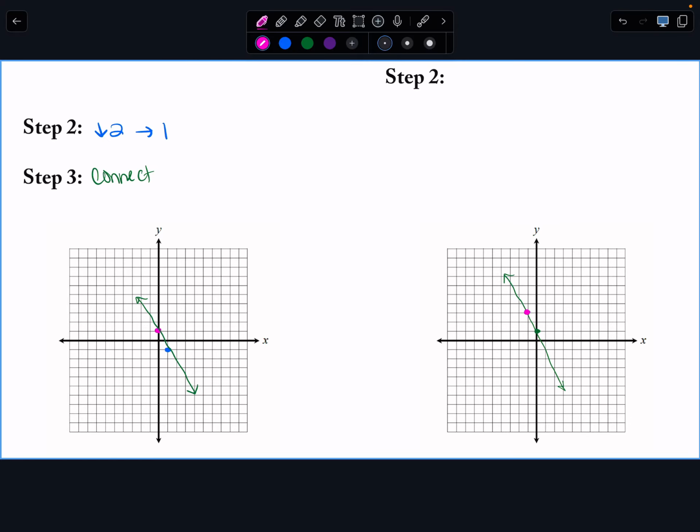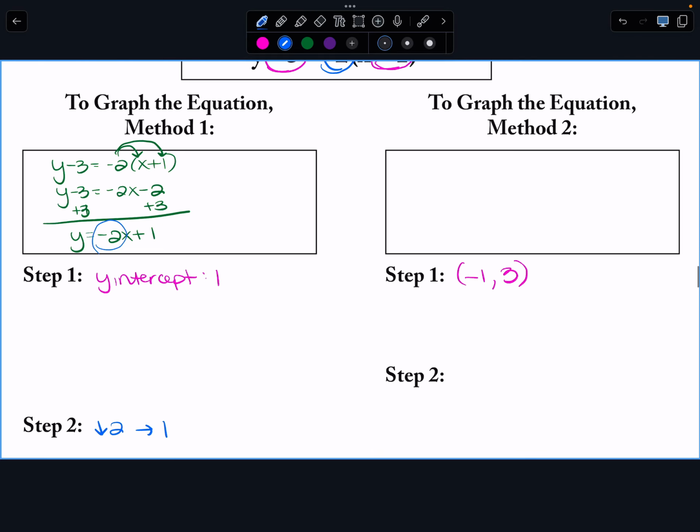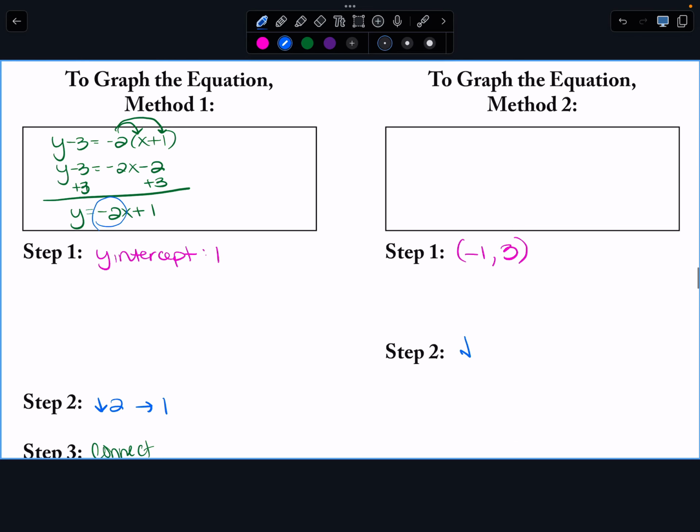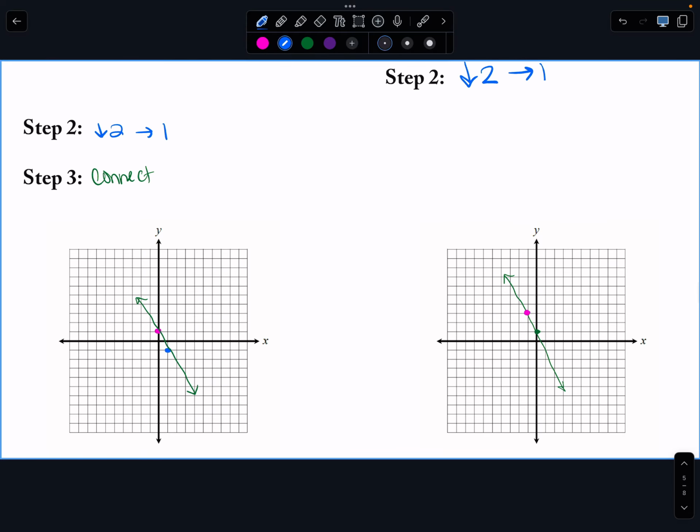The second dot is what I got from my starting point. And then I do my slope from my coordinate point. So my slope is down 2 and to the right by 1. Well, I thought, what's the slope sign? Slope sign stays the same. See, that was my problem.